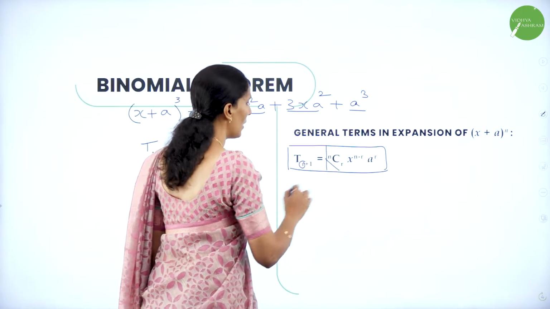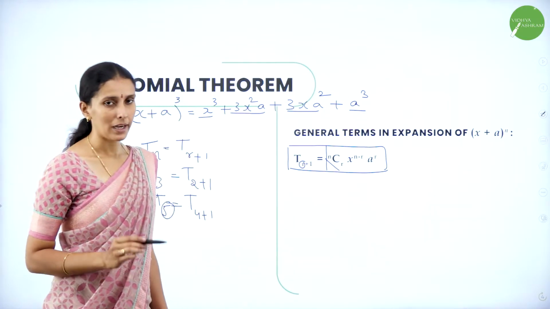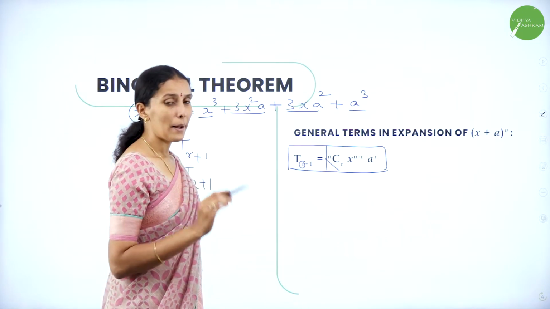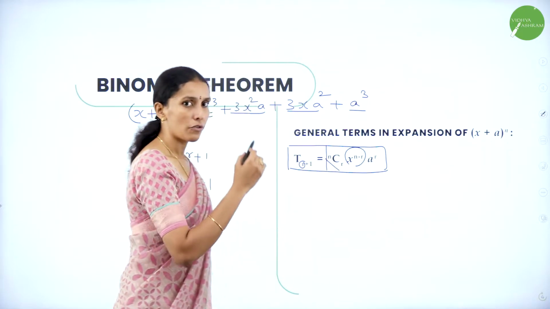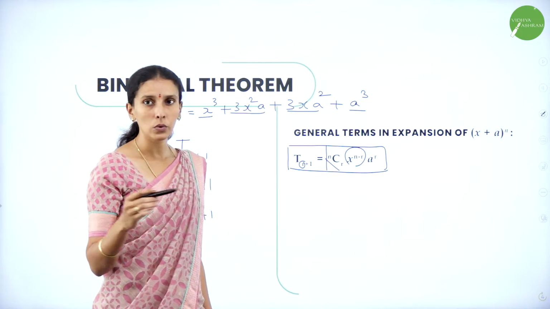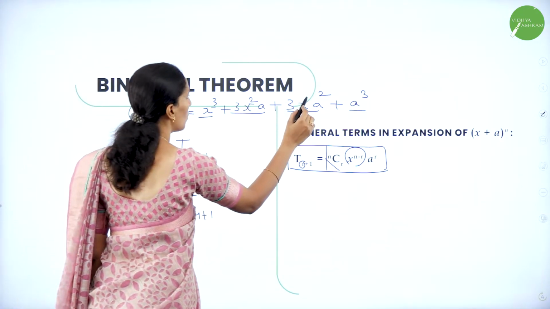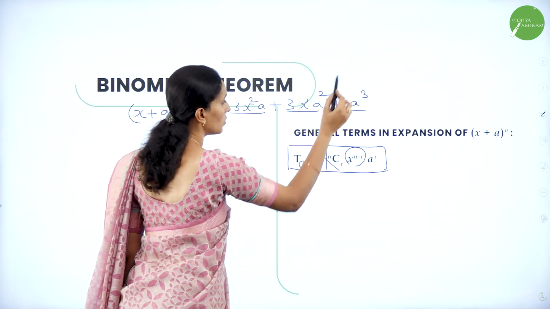How did this general formula come? nCr, we know that in each term in the binomial expansion, you have nCr. And what is the power of x? The power of x goes on decreasing. So, from 1, 2, 3, you have to subtract from n, so that it will become 3, 2, 1 and 0. So, from 3, 3 minus 1, 3 minus 2, 3 minus 3.